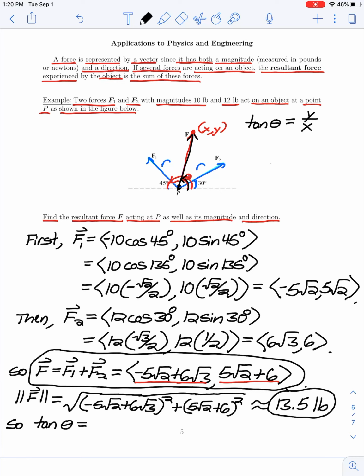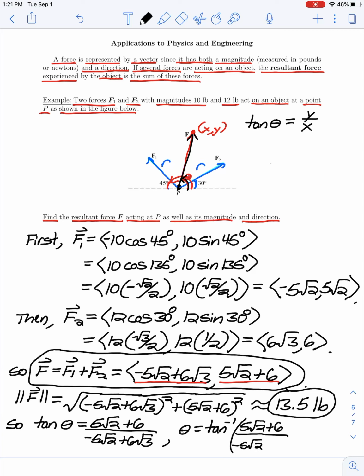Now the y component for our vector F was 5 root 2 plus 6, and then we're dividing by the x component, which was negative 5 root 2 plus 6 root 3. So to get the angle measure theta, we could take theta as arctangent of 5 root 2 plus 6 over negative 5 root 2 plus 6 root 3.